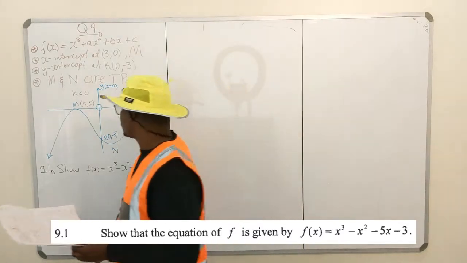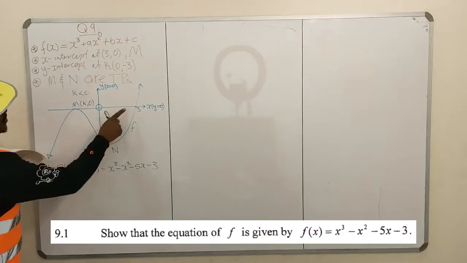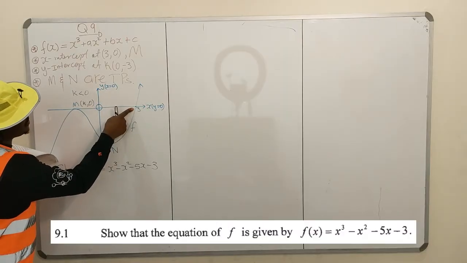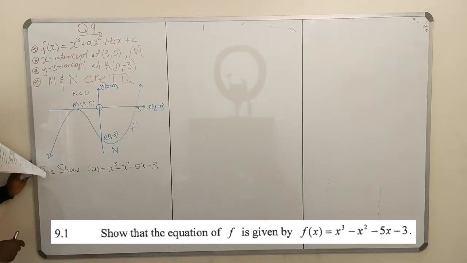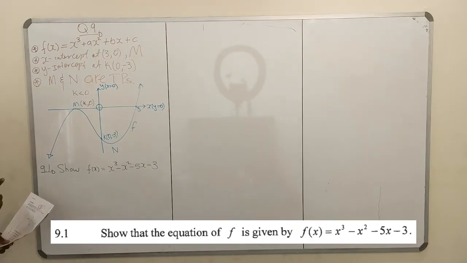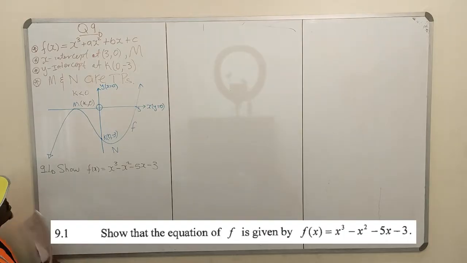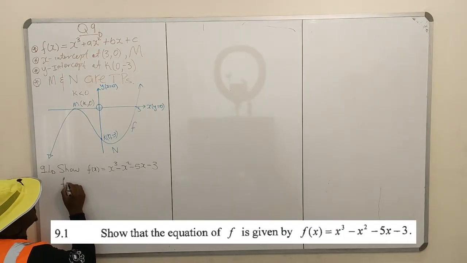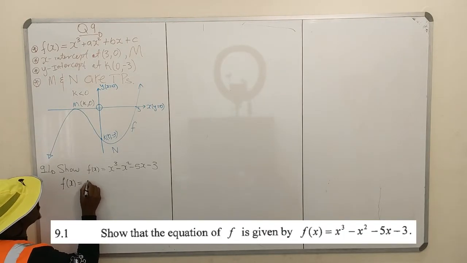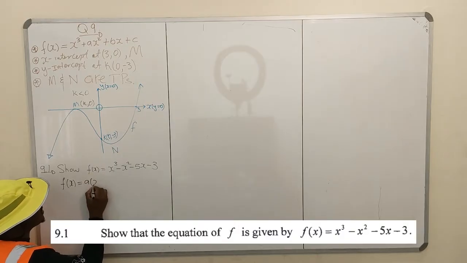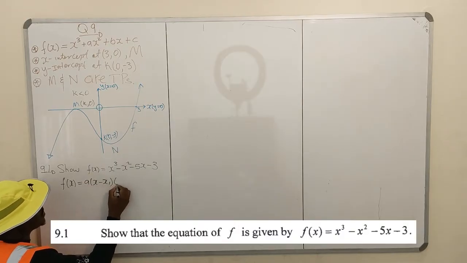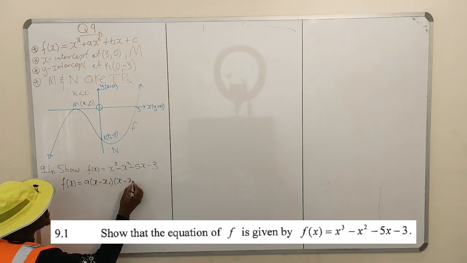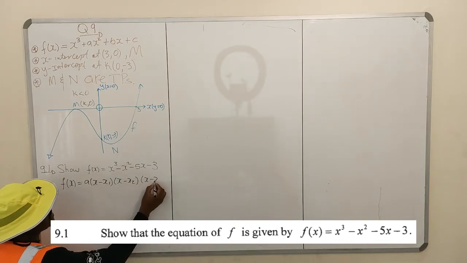So let's go. We're given this x-intercept here and two of these here, right? If you are given the x-intercepts, you say, okay, f as a function of x is equal to a times x minus x-intercept 1 times x minus x-intercept 2 times x minus x-intercept 3.